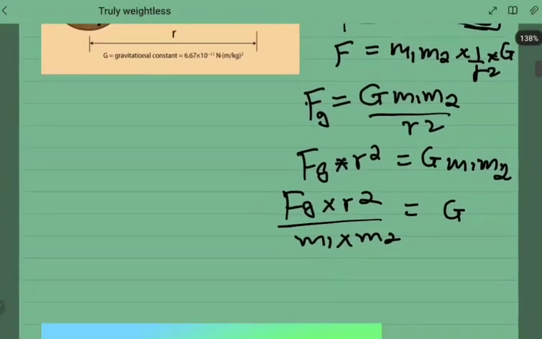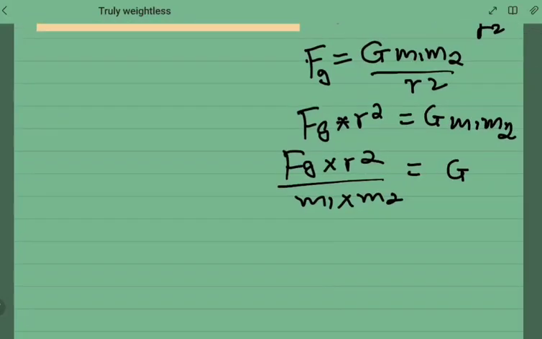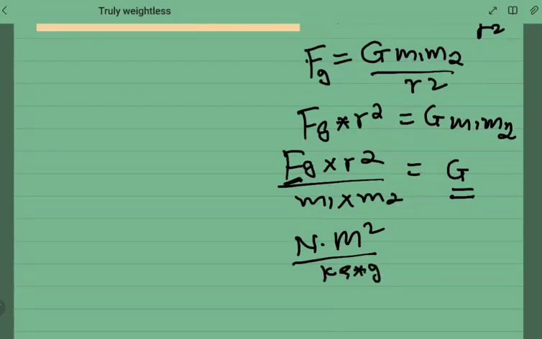So this is the expression for the universal gravitational constant G. In this case, F is in Newton and r squared is in meter squared because radius is in meter, divided by mass 1 in kilogram times the other mass also in kilogram.